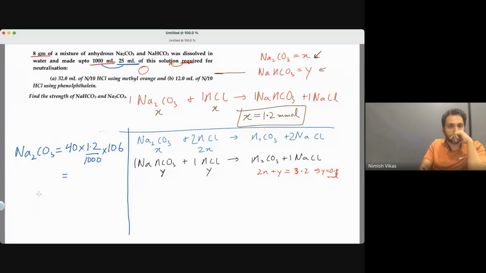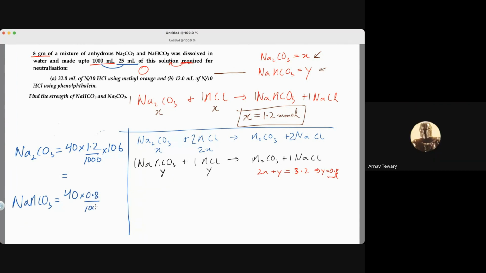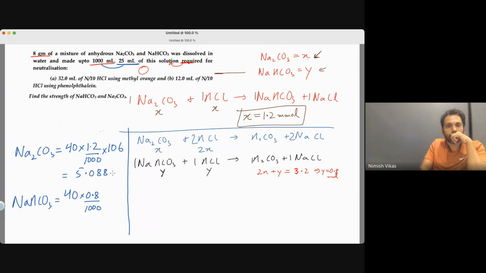Do a calculation while I write the other thing. NaHCO3 is equal to 40 times, how much was that? 0.8. Sir, I think the first one comes as 5.088. Not sure. Use the calculator.